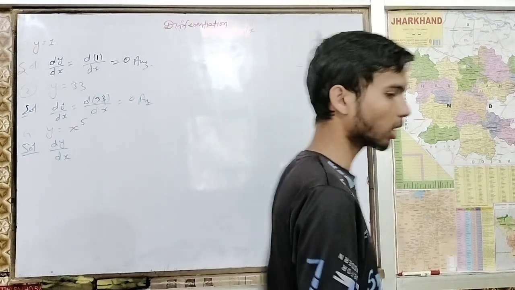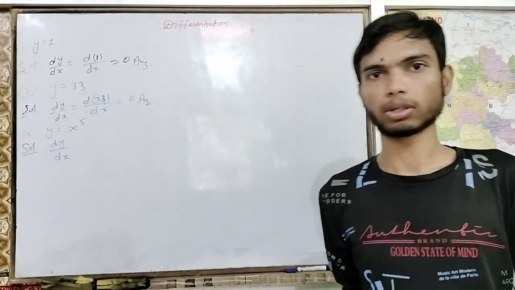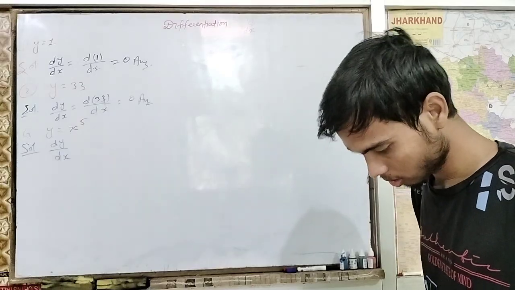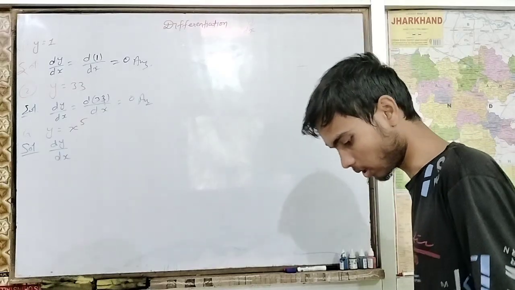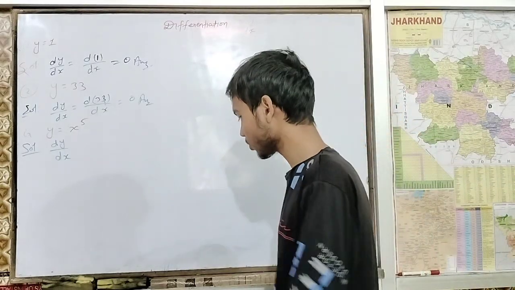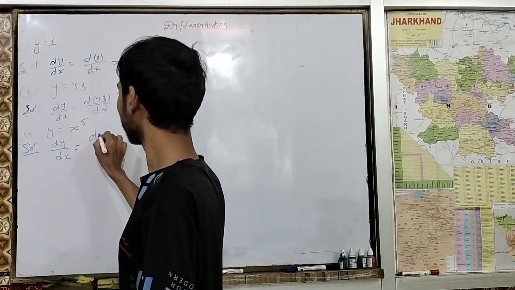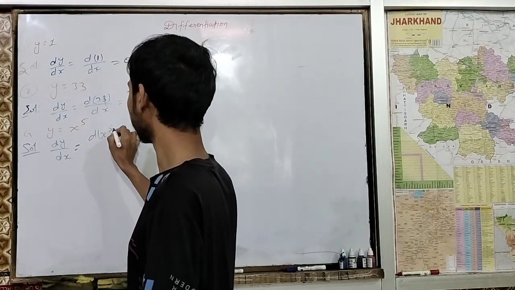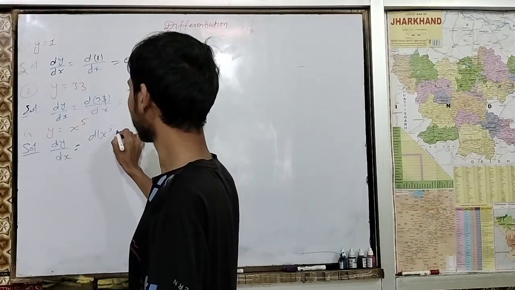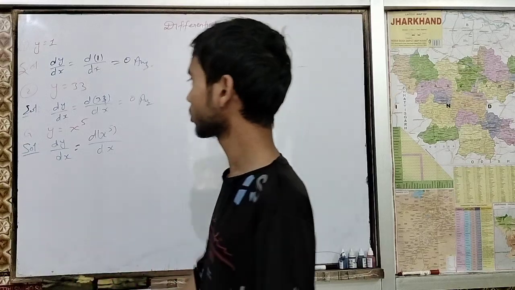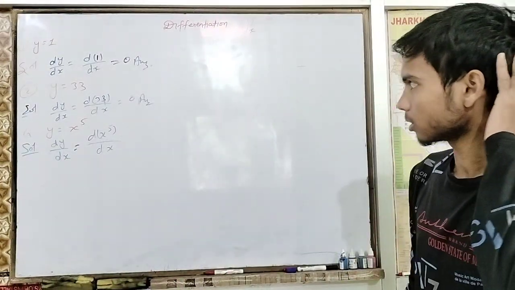You are differentiating y. Look over here. Y is x raised to 5, in brackets, then d upon dx.